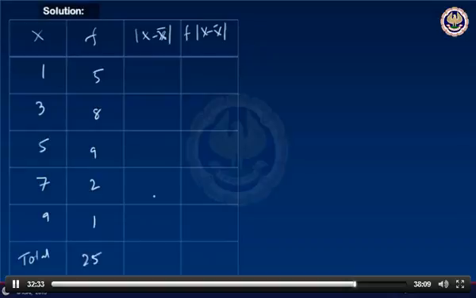Now we already computed in the last slide that the x bar value is 3.88. Now each value: 1 minus 3.88, 3 minus 3.88, 5 minus 3.88, 7 minus 3.88, 9 minus 3.88, all absolute values, only positive values we are considering here.